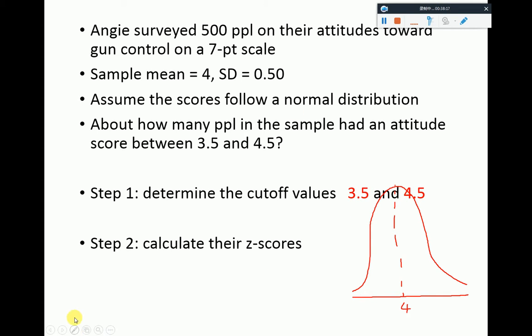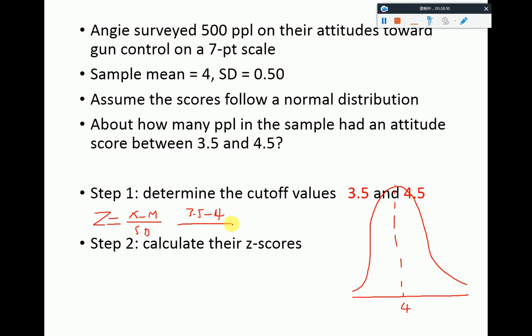Should be easy. If we recall, the z value equals the target value minus the mean, divided by the standard deviation. So for 3.5, the mean of the sample from which 3.5 is drawn is 4.